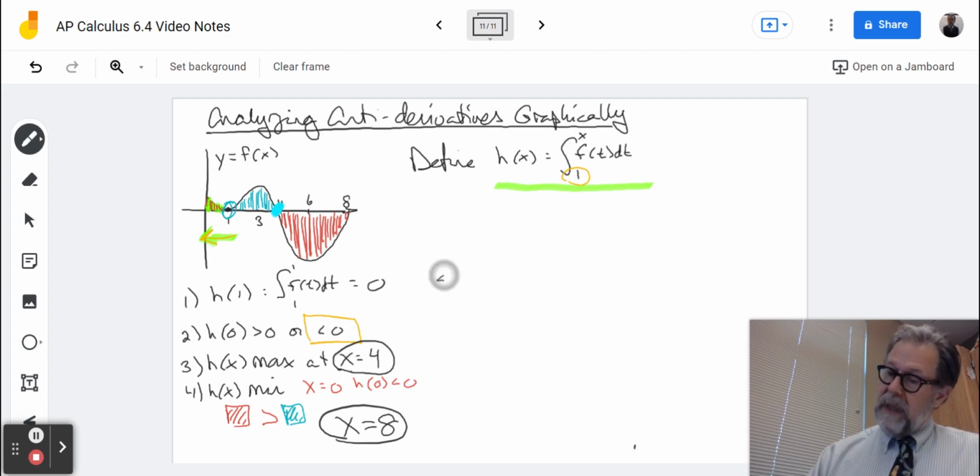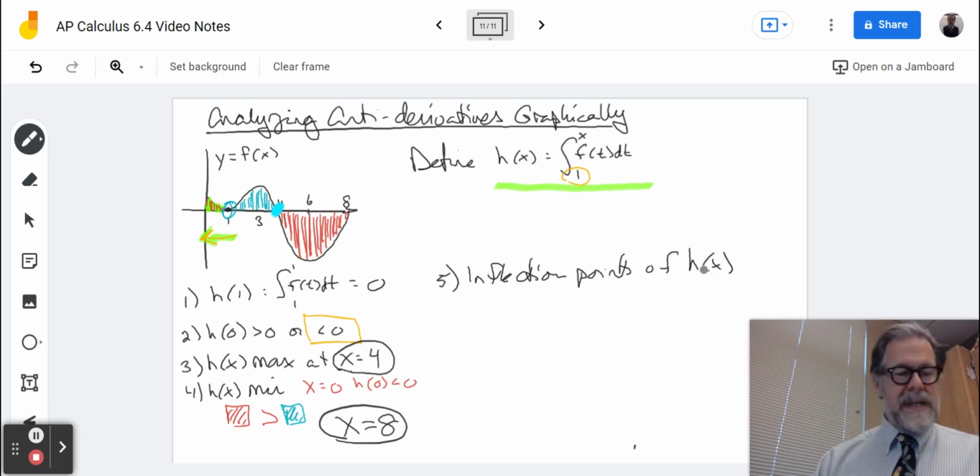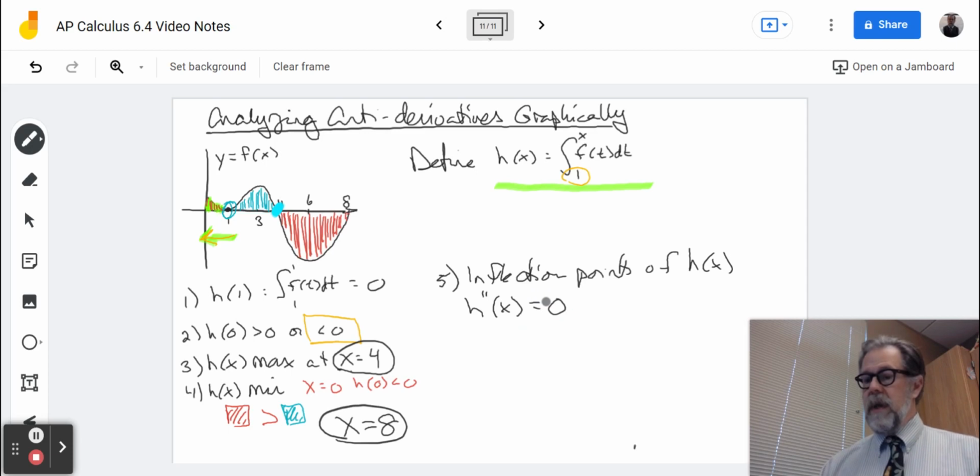Finally, the last question would be, where are all the inflection points of h of x? Well, let's think about how I find an inflection point. I take the second derivative of a function and I set it equal to 0. And if it changes from positive to negative, then that's an inflection point.